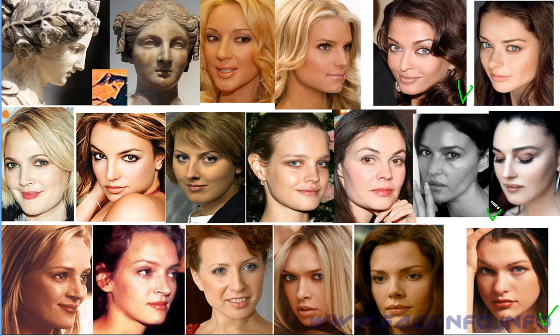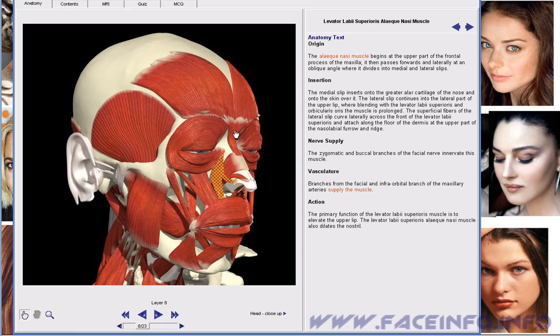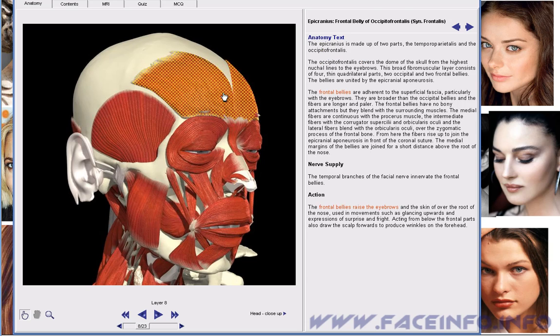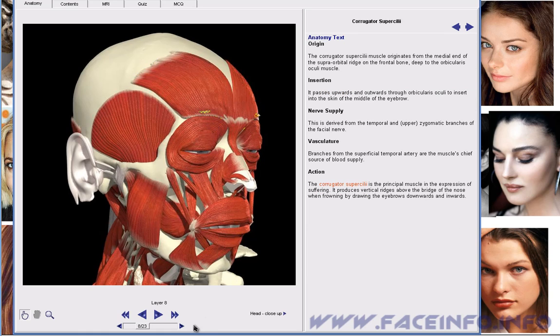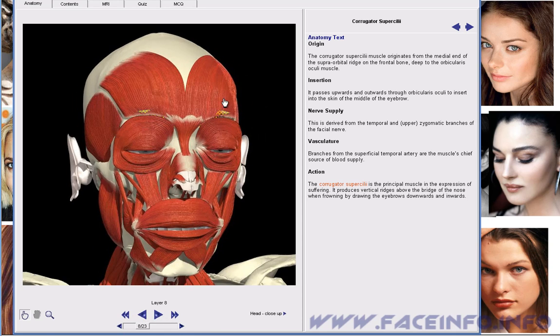And I'd like to add that the shape of this spot, the nasion, is also formed by muscles too. These are the frontal bellies of the epicranius muscle, and these are corrugator supercilii muscles that wrinkles brows.